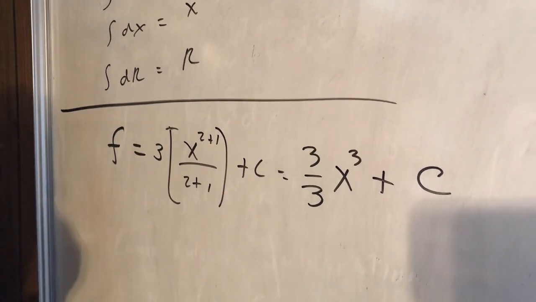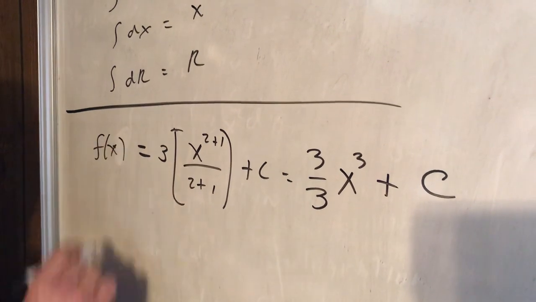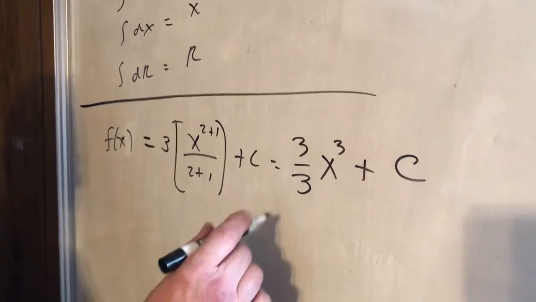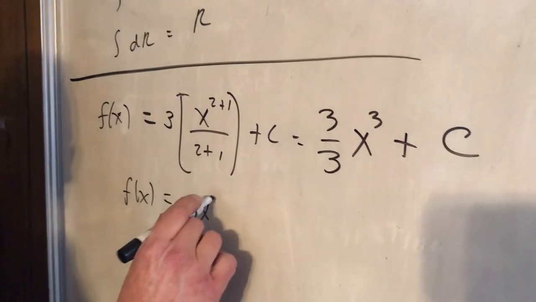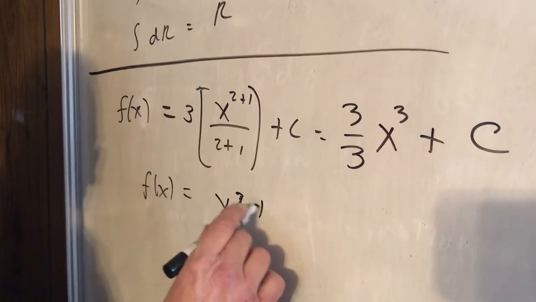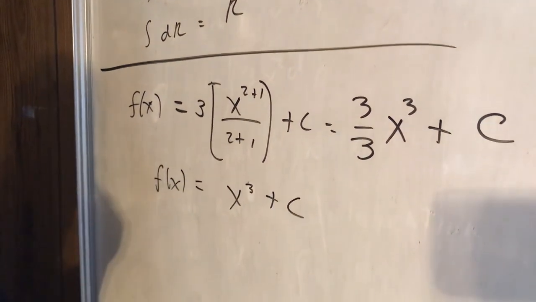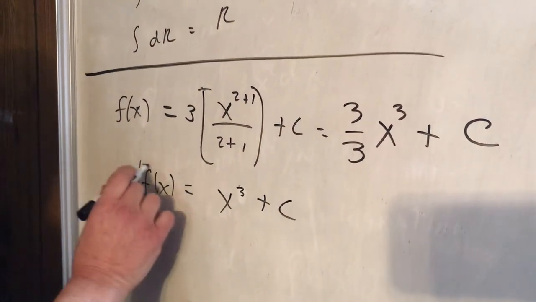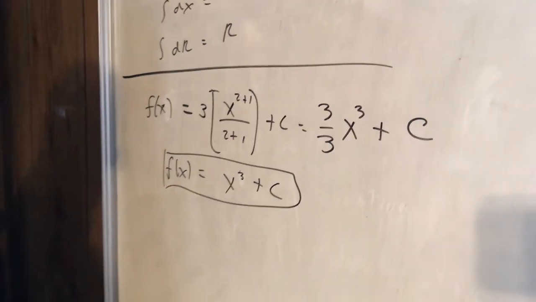Now that's what I wanted. I wanted my function, and we can say this is a function of x if you want. I didn't put the x there. All right, so my answer would be x to the third plus c. Now, of course, in most of the practical problems, we have to find c. But when we're just starting, we're just going to use it as a c.